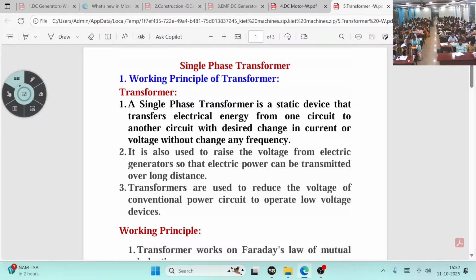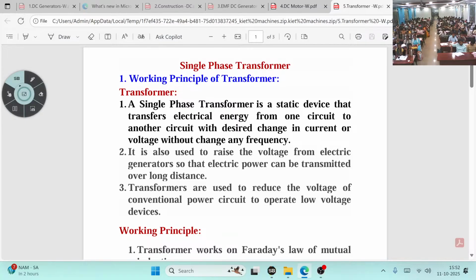Then this 9 volts AC is converted into 9 volts DC by using a rectifier. The rectifier is not required now. So the main function of the transformer is to level down the voltage.